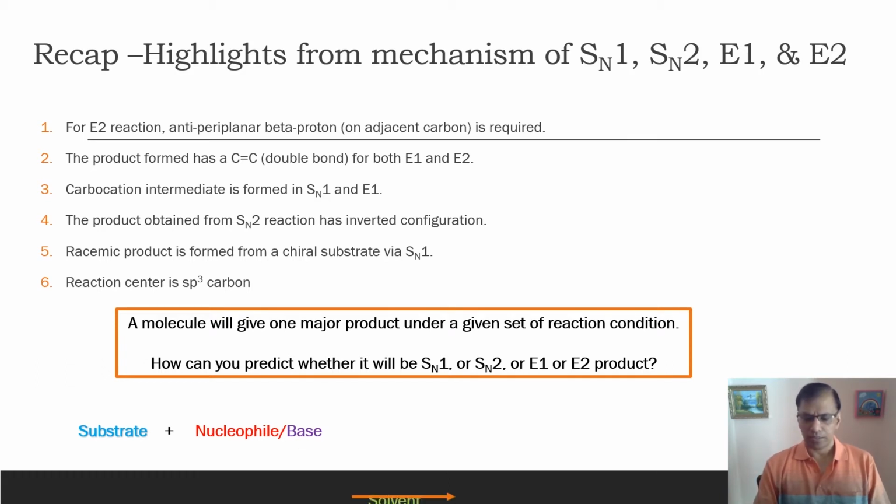The next factor is the solvent. The solvent will also play a role in deciding which product will be the major product. We will go through each one of the factors to better understand how to predict the type of product and the type of mechanism.